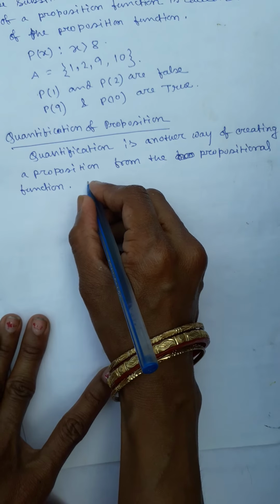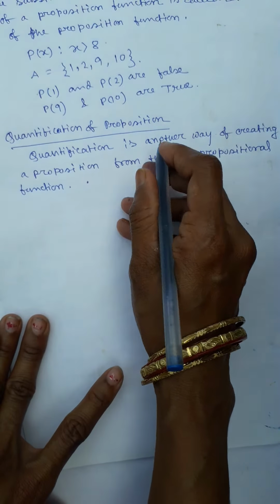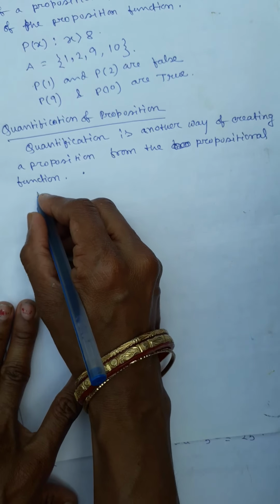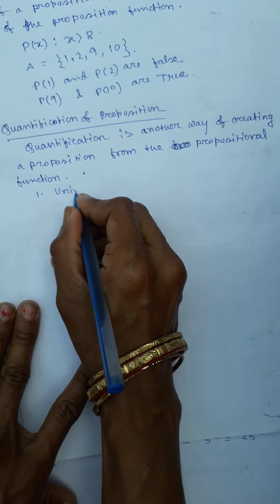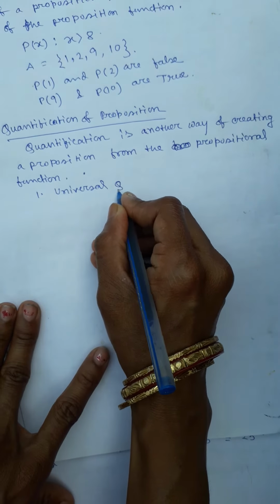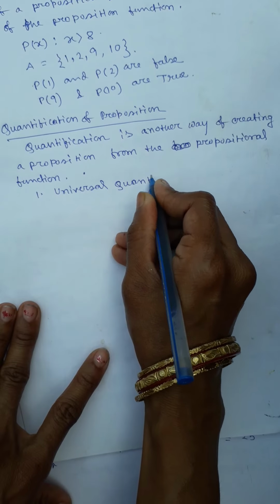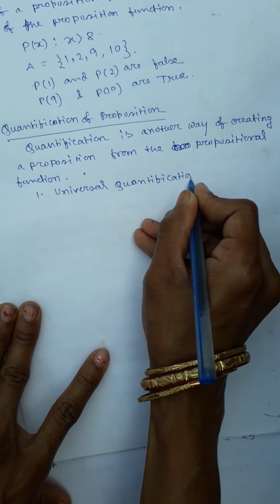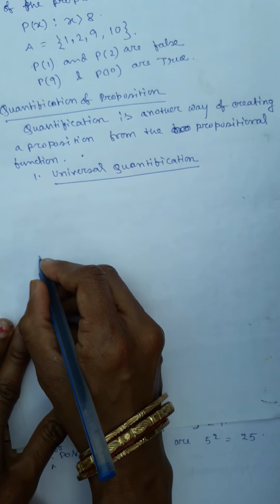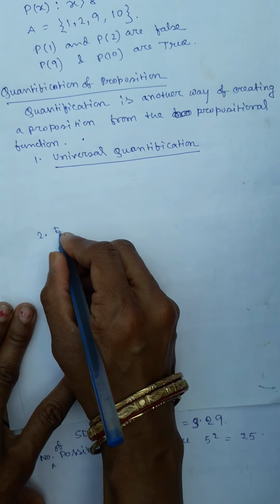There are two types of quantifications. One is universal quantification, and another is existential quantification.